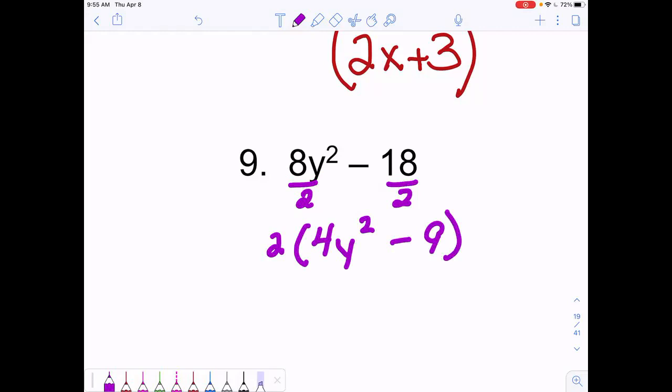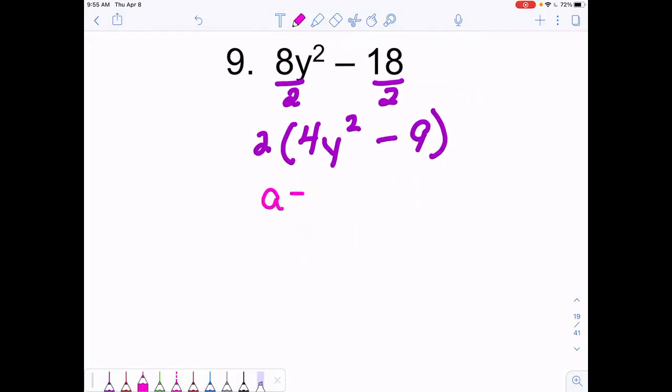So same process to start. Take out the GCF, and then we need to decide A and B. Michael, do you know what the A and the B values are? A would be 2y and B would be 3. Excellent.